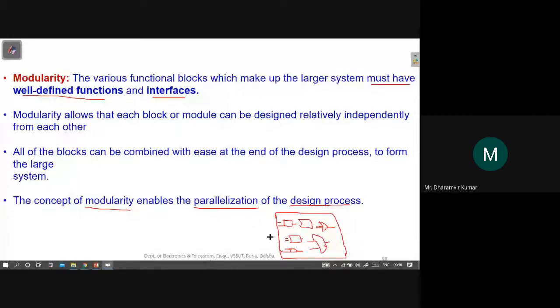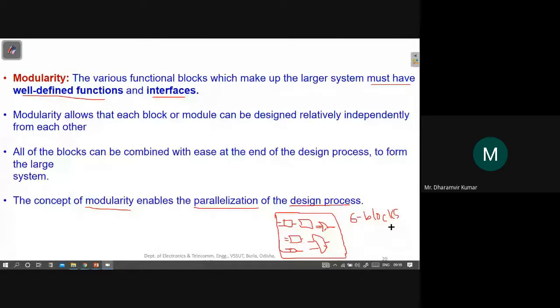if we have, let's say, 6 different blocks that make up this whole complete big design, then we can design all these 6 different blocks simultaneously.